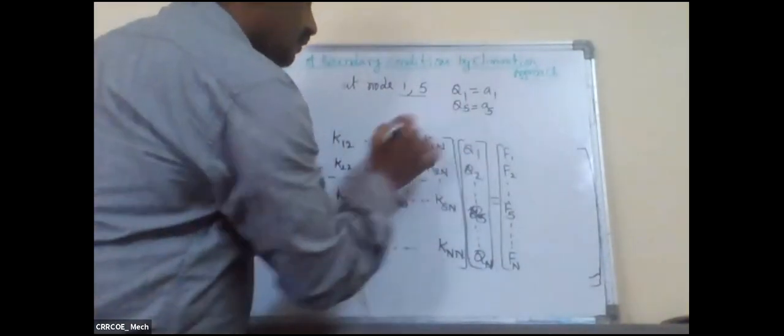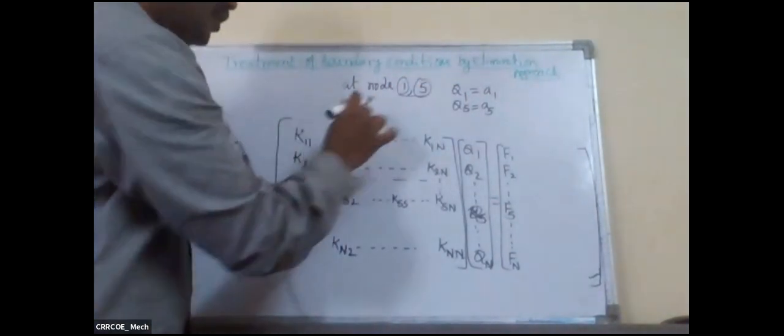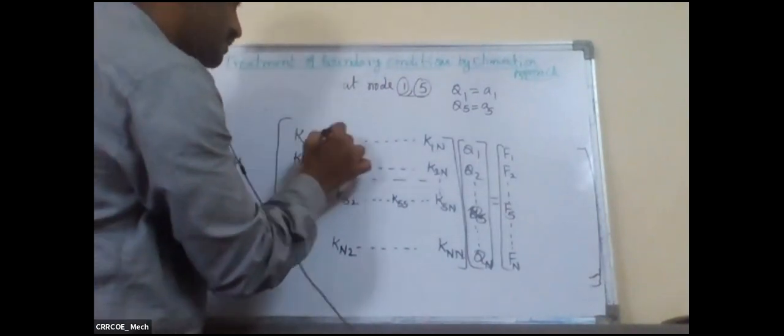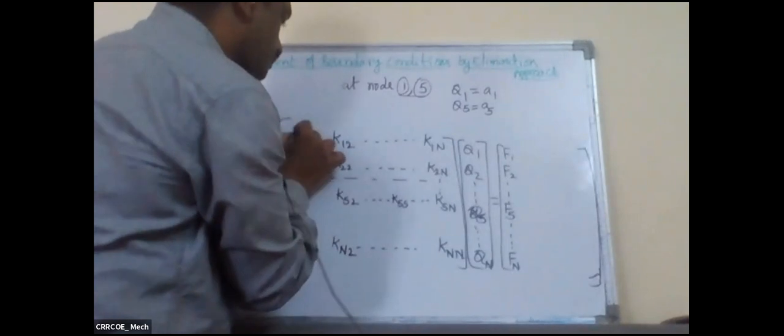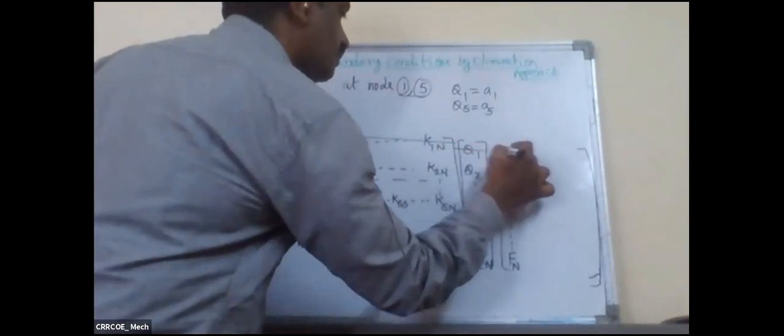So the rows and columns corresponding to node 1 and node 5 are removed. According to the elimination approach, we remove the first row and first column elements of the stiffness matrix, and we remove Q1 and F1.